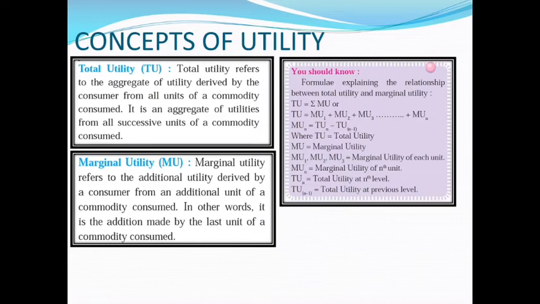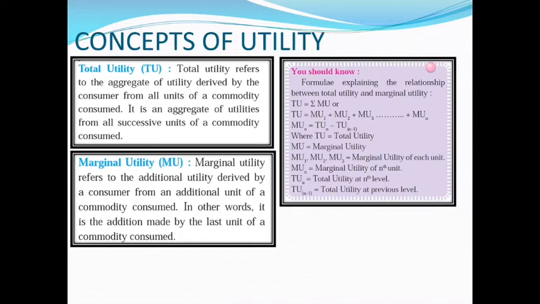So my total utility here is 10 plus 5, that is 15. But my net addition is only 5, so my marginal utility is 5, that is the net addition made to myself. Marginal utility refers to the additional utility derived by a consumer from an additional unit of a commodity consumed.